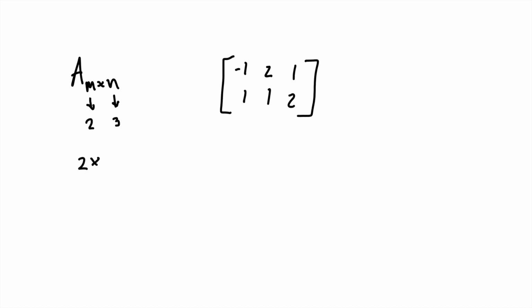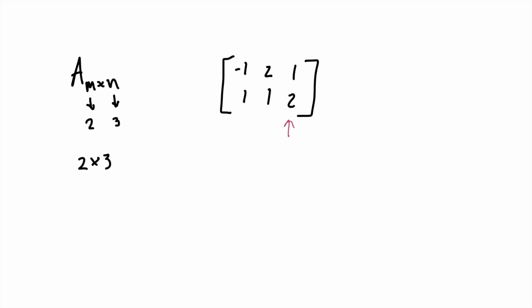So we have a 2 by 3 matrix. And so what we showed before is that this variable was free. And that's going to be true for every 2 by 3 matrix. Because we can only have 2 pivot positions because we only have 2 rows. So that limits the amount of pivot positions we have. So that third column is always going to be free.